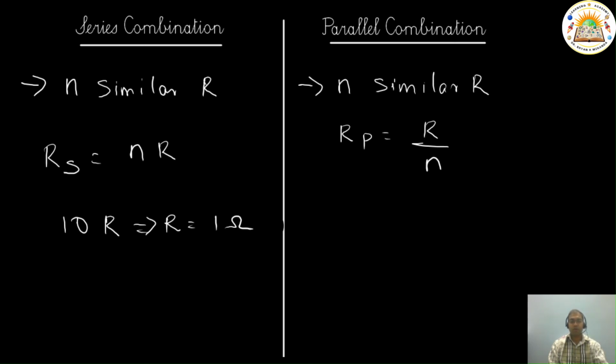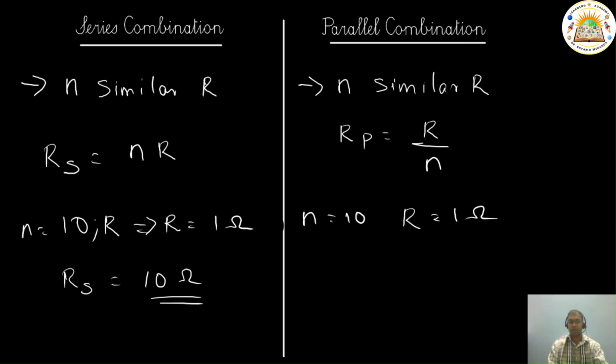So if I have n equal to 10 resistances with the resistance equal to 1 ohm, then Rs is just going to be equal to 10 ohm. On the other hand, if I look at Rp, we'll take the same example. N is equal to 10, each resistance is 1 ohm. So Rp is going to be 1 by 10, which is going to be 0.1 ohm. So this is the difference between series and parallel combination.